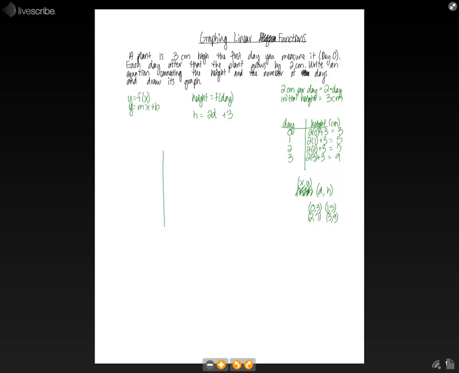So if we quickly draw out our y-axis, which will just be the height, and then our x-axis will be the day.